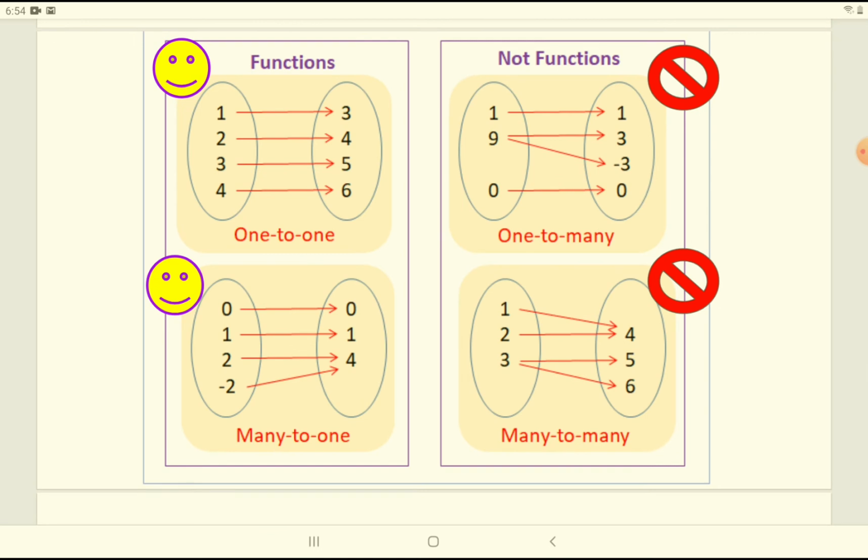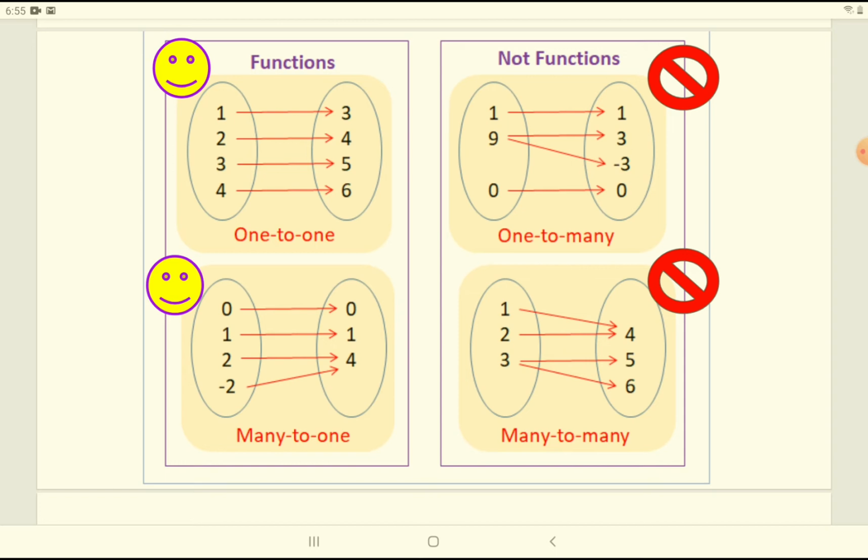Moving on. So, on the left-hand side, you're going to see the 2 smiley faces. And the first box is called 1-to-1. And then the second box is called many-to-1. So 1-to-1 is considered a function.